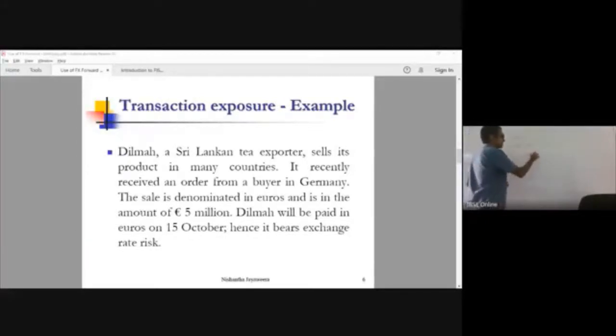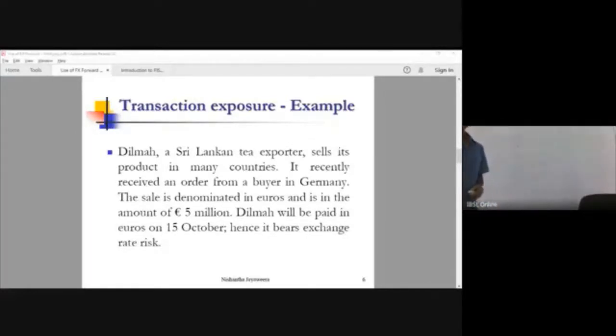The price is 400 rupees. In euros, 1 euro equals 210 rupees. So therefore, 400 rupees equals 400 divided by 210.